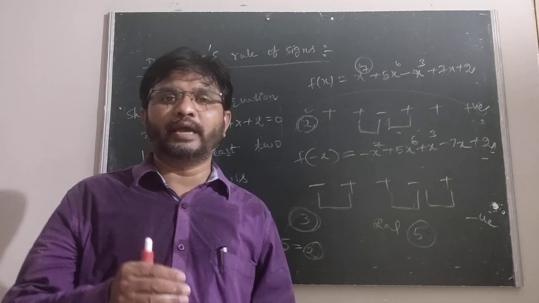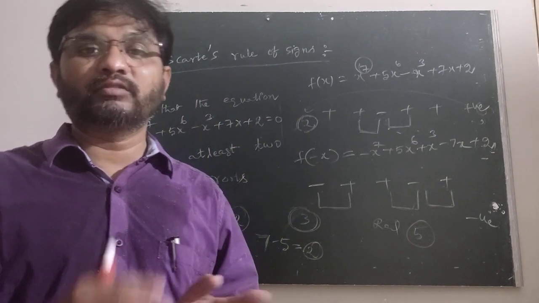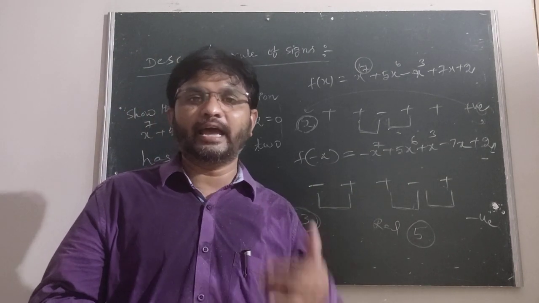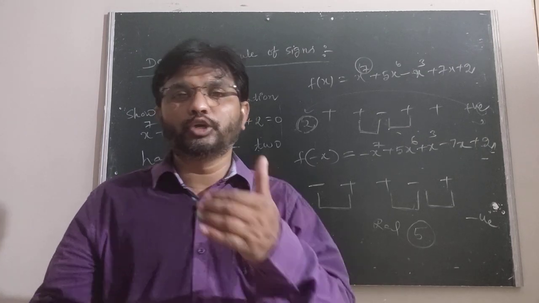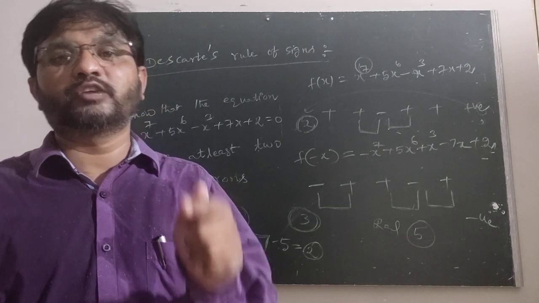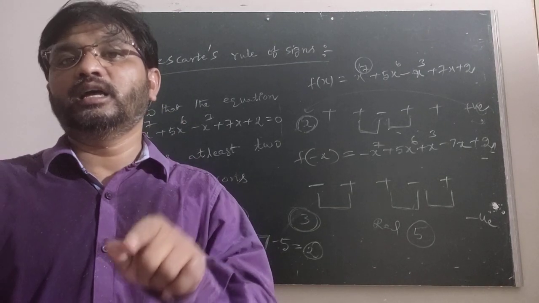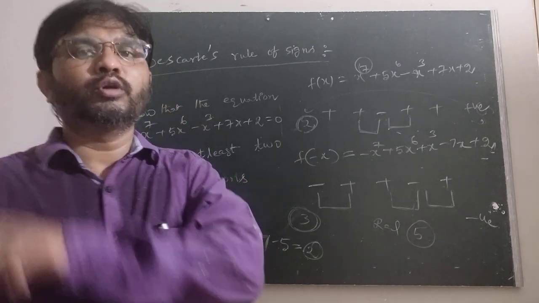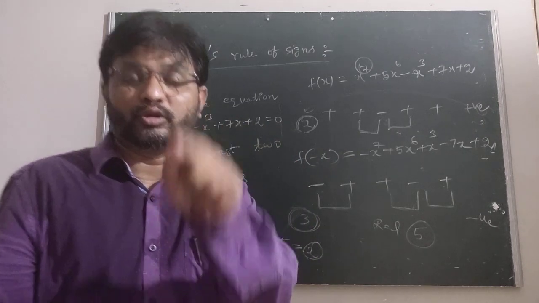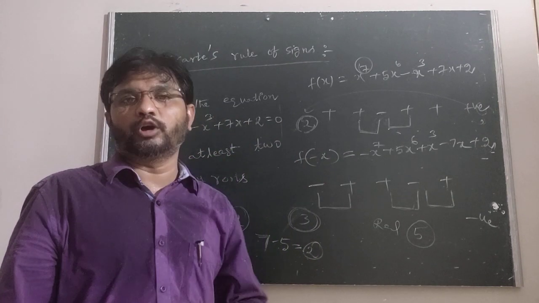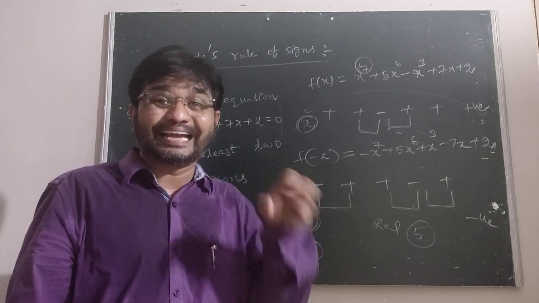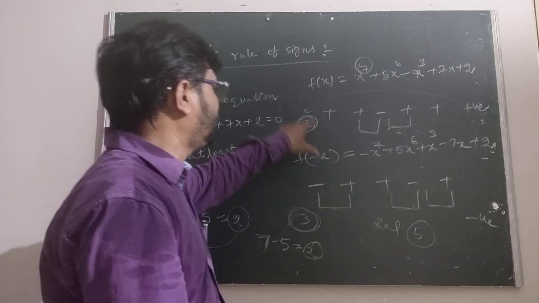And if f of minus x equal to 0 has q sign changes, then f of minus x equal to 0 has at most q roots. Therefore we can write the number of imaginary roots is at least n minus of p plus q.